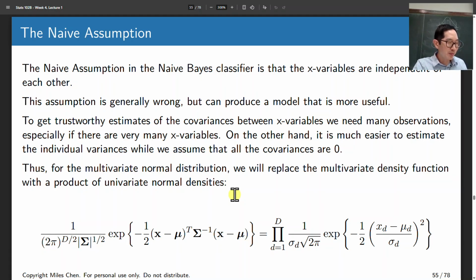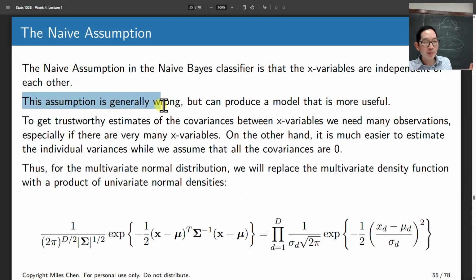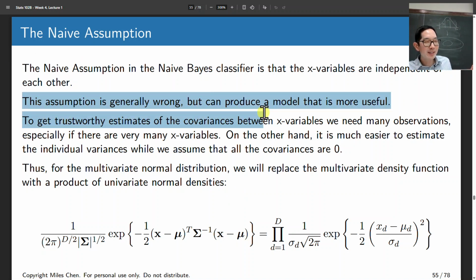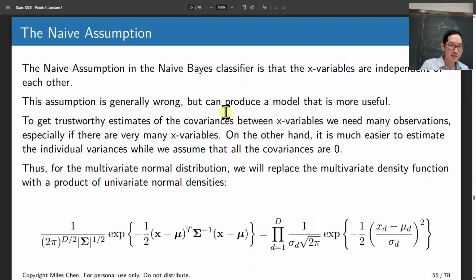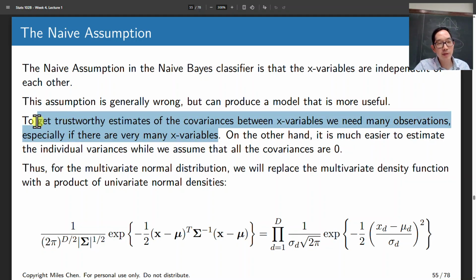Okay, so to make our life easier, we're going to make, I guess, bad assumptions. We say this assumption is wrong, but it's still useful. And the issue is that trying to estimate the covariance between a bunch of X values can become really hard to do, especially if you have a whole bunch of X variables.